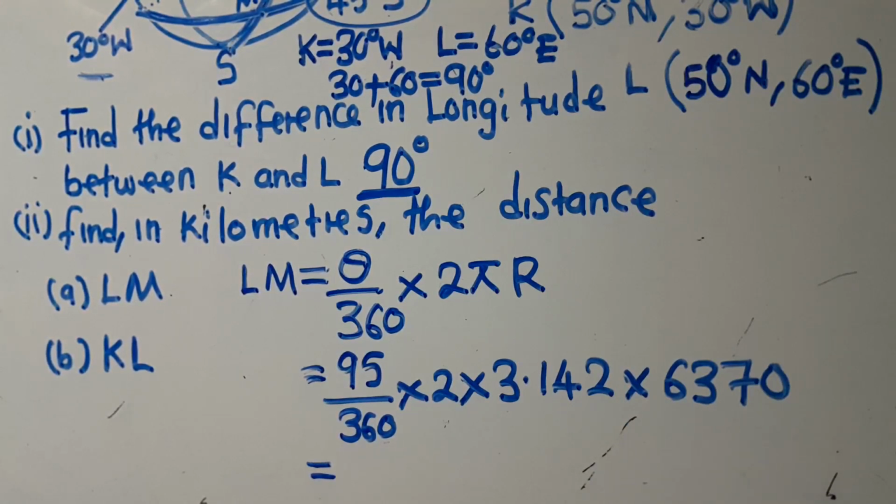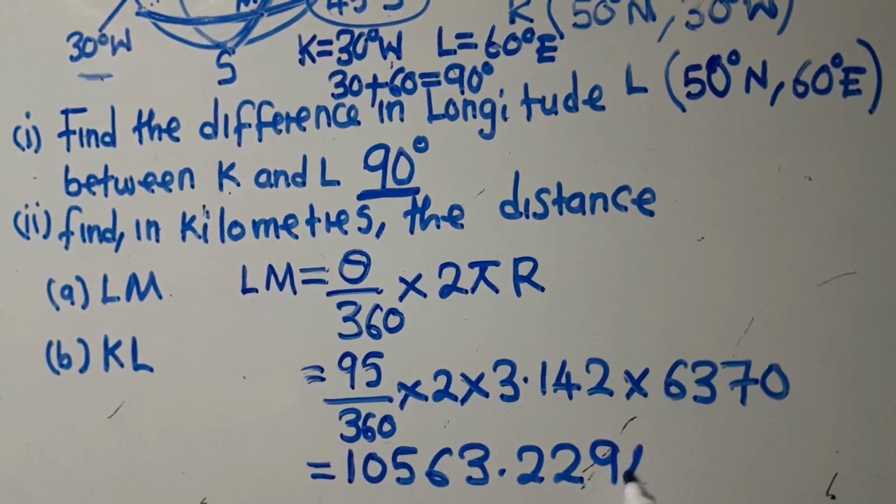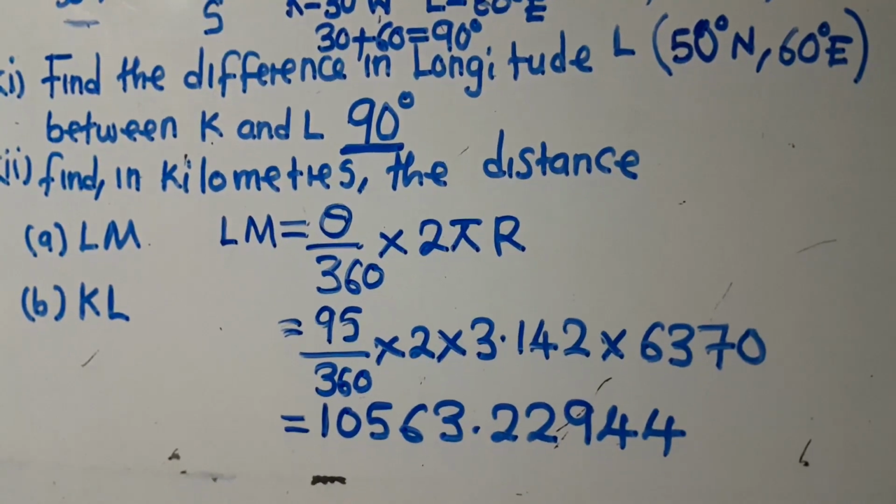So what is the answer? The answer that I'm getting on this particular question is 10563.22944 like this. This is the answer that I'm getting. So am I supposed to write this answer like this?